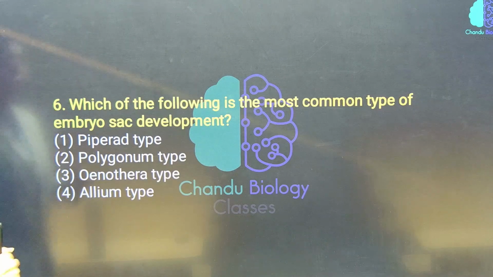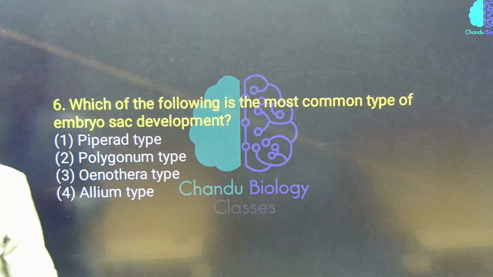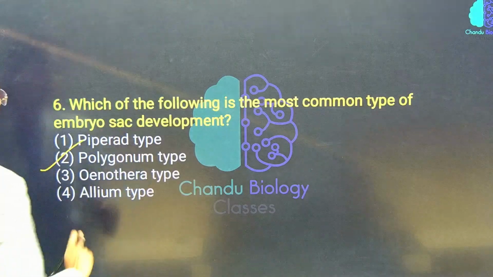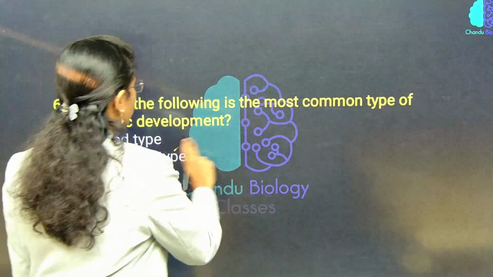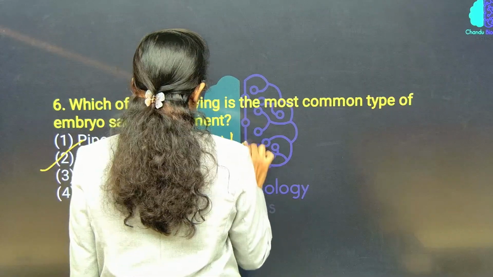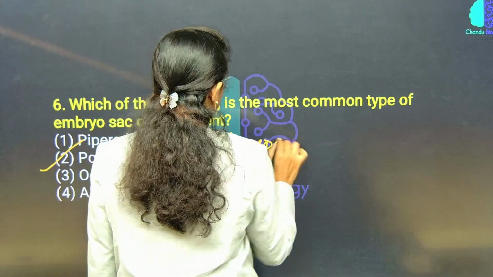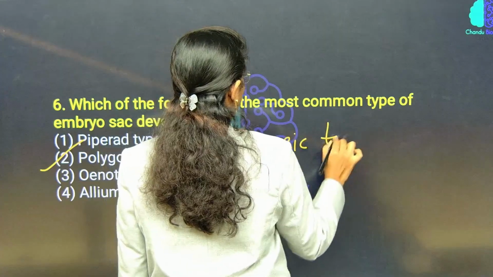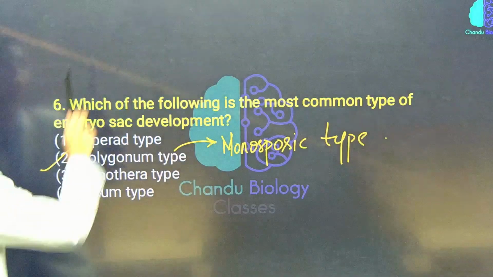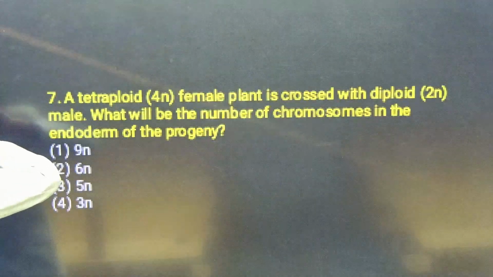Yeah, here we go with the answer. The most common type of embryo sac development will be polygonum type of embryo sac development, which is monosporic type. Allium is bisporic type of embryo sac development. Next.